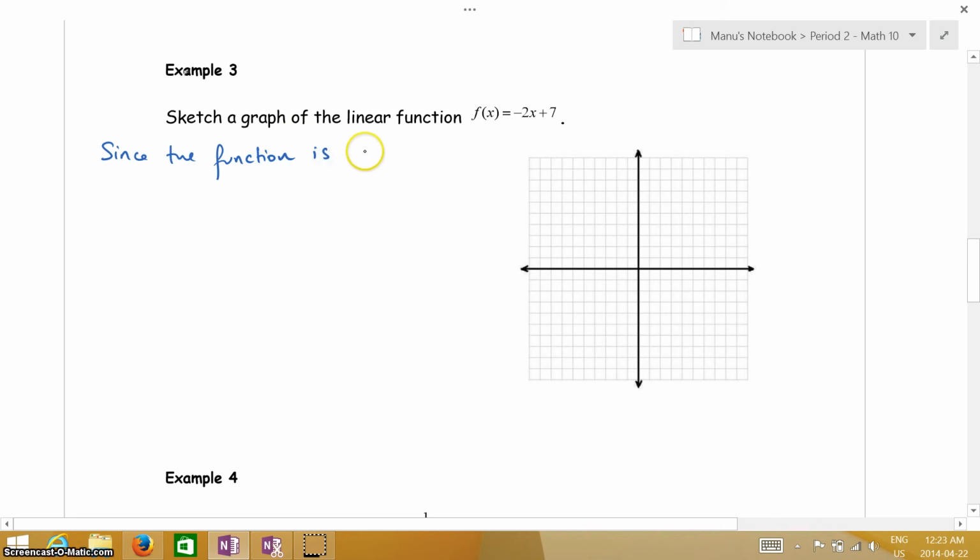So since the function is linear, we know its graph is a straight line.